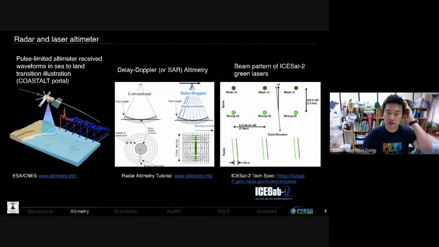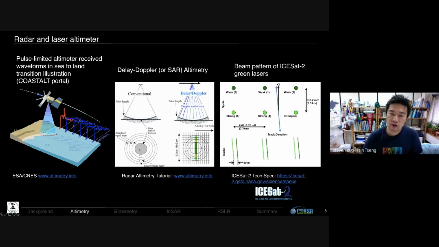So basically, over ocean areas, the current very trendy observation technology also uses the Doppler shift idea. You can see the lower right panel with these green bars in the middle.